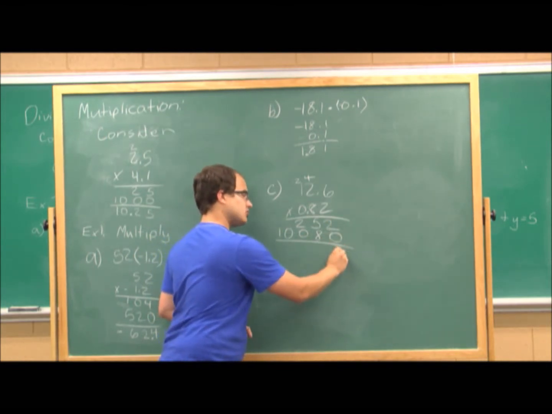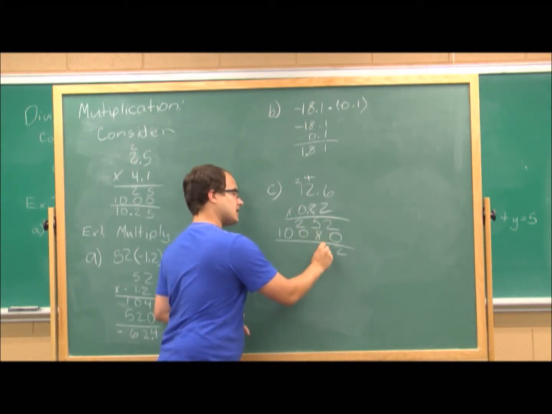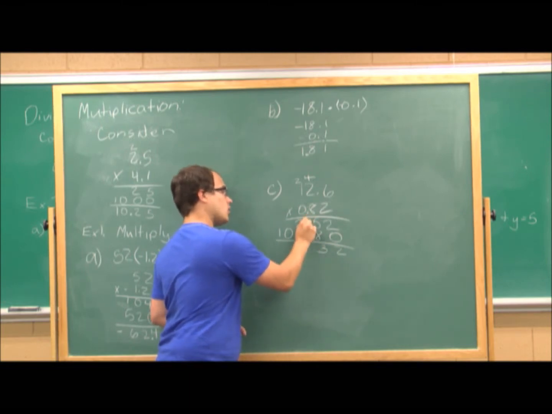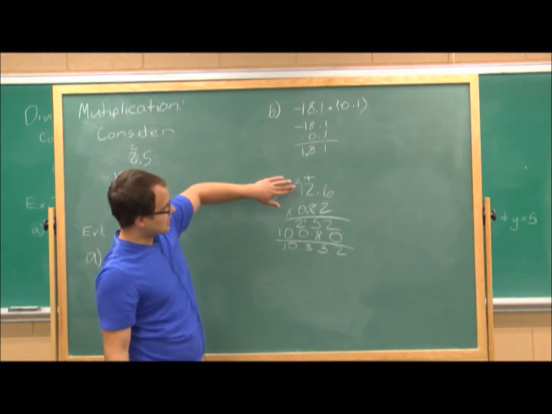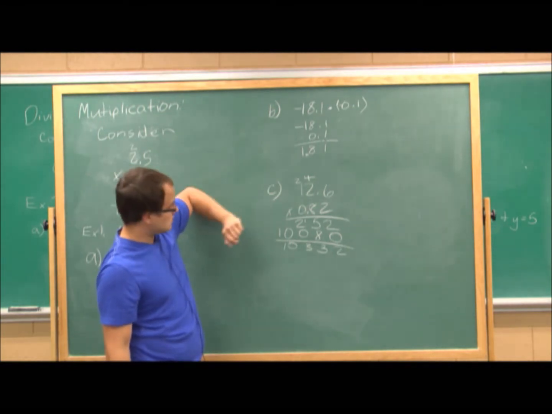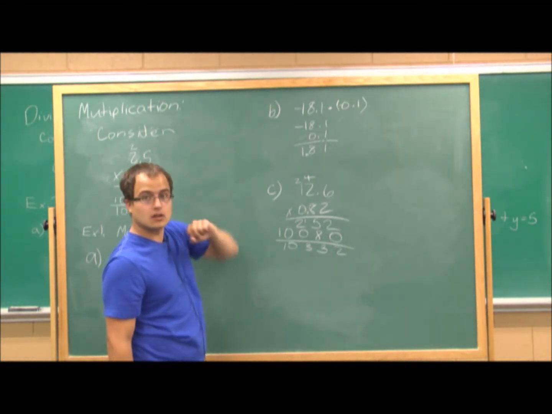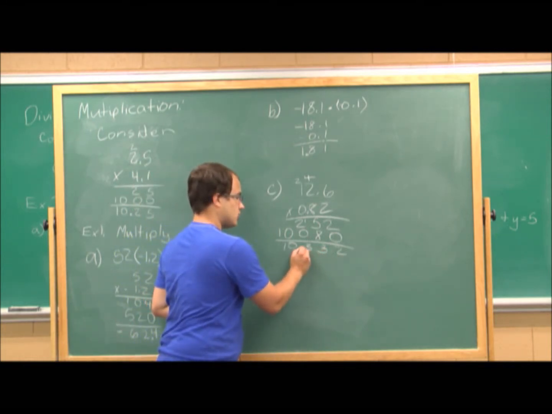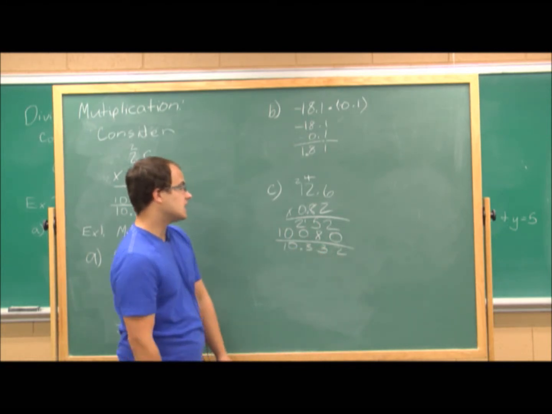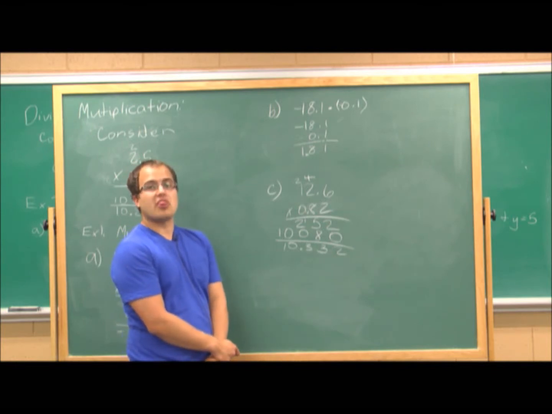Add them together. 2. 5 plus 8 is 13. Carry the 1. 3, 0, 1. Now I have 1 decimal place, 2 decimal places, for a total of 3. So 1, 2, 3. So 10 and 332 thousandths is the final answer.